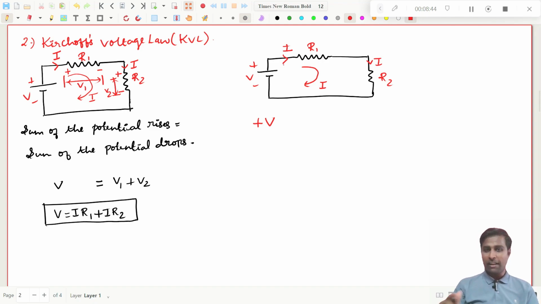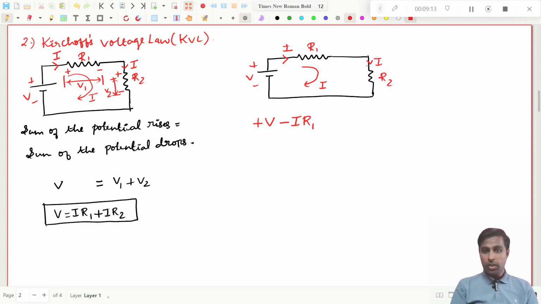If I am traveling in the same direction, then you put a minus symbol, then you write down the voltage at that point. So what is the voltage? I into R1, because what is the voltage formula? V equals I into R, right? So I into R1. Then you come here again, I'm going in the clockwise direction, and this current is also in the same direction.